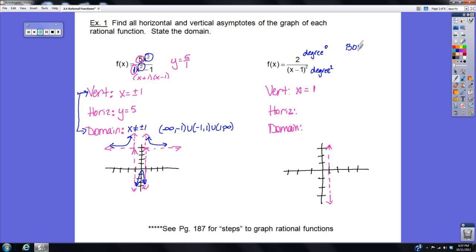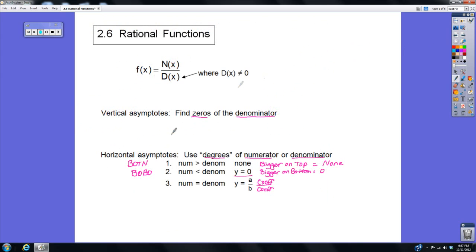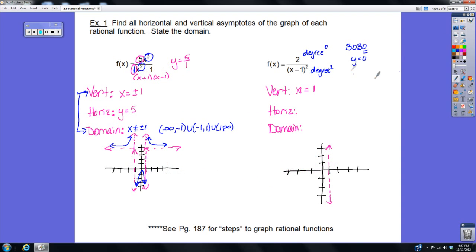Bigger on bottom. So right there, y equals 0. Look back at your rule: bigger on bottom, and it's y equals 0. So your horizontal asymptote is y equals 0. I'm going to draw that on my graph also.